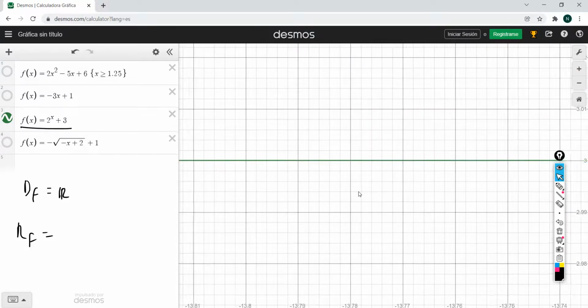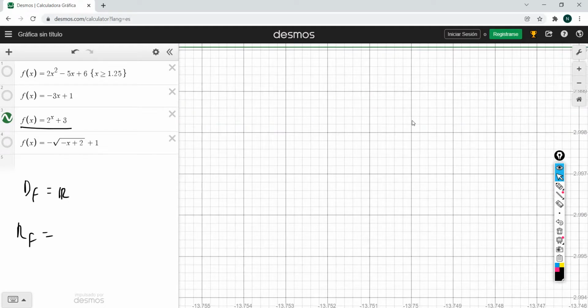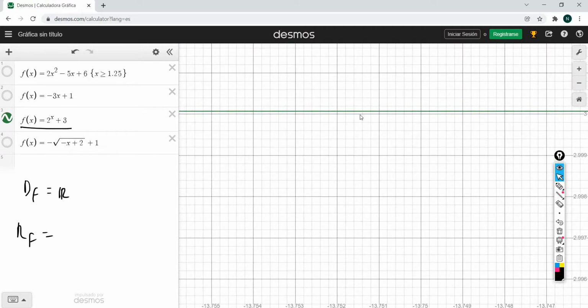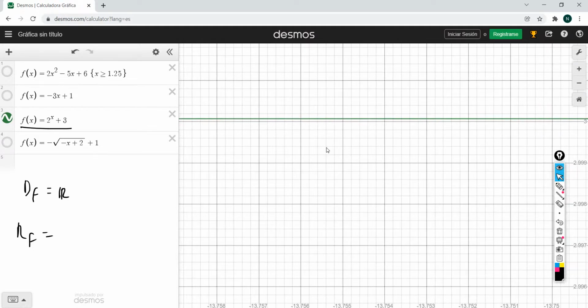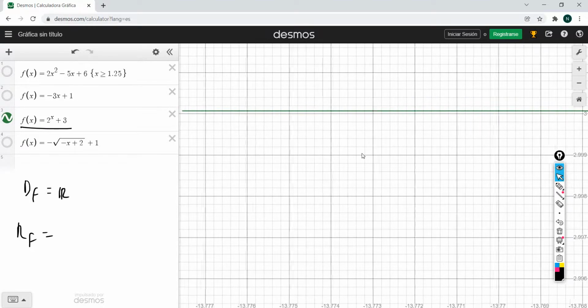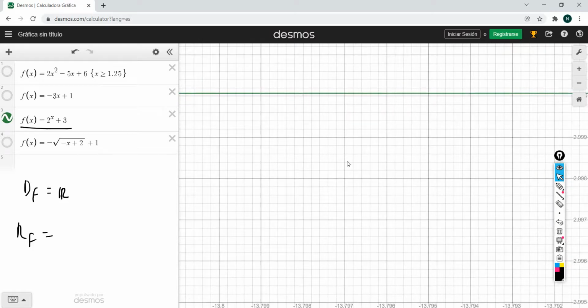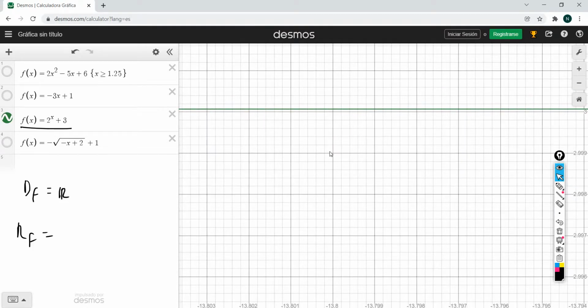It never goes below that one. It gets really, really close. This is the number 3 once again, this gray line, and the graph never goes below that value. You can do this forever, and that's never going to happen.